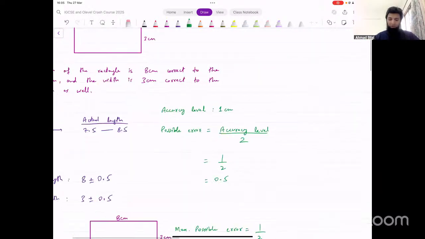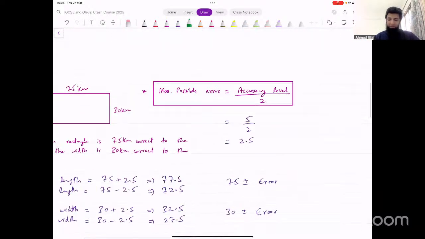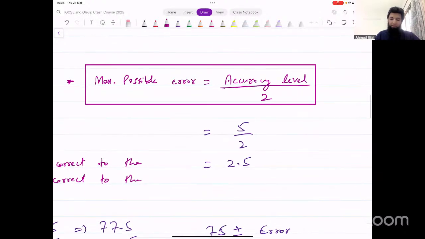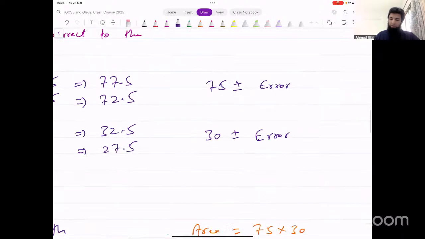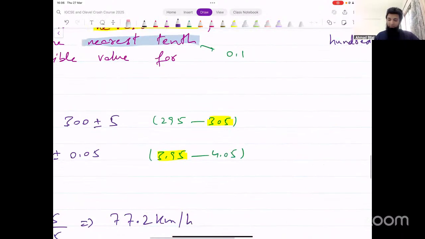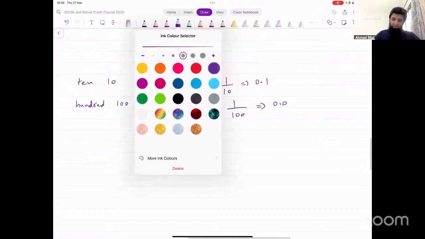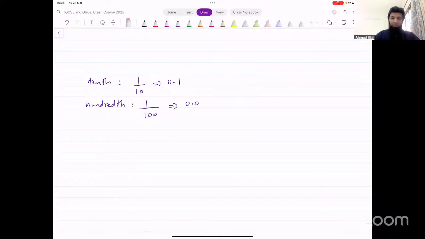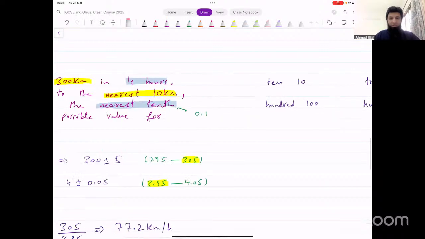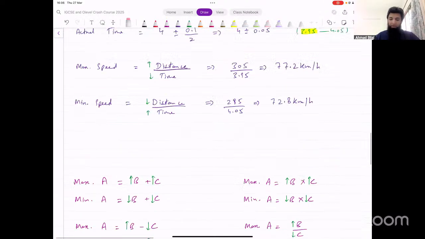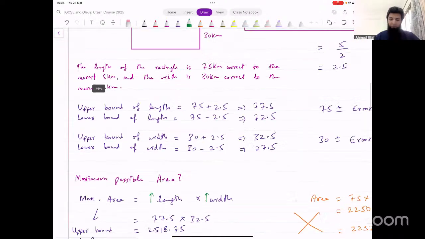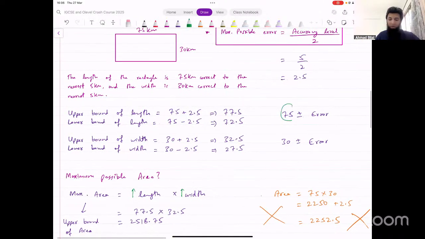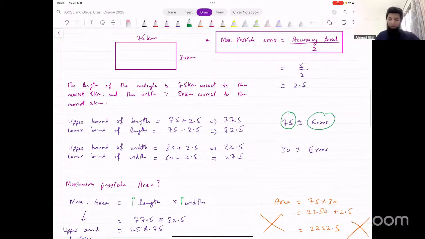Okay, so what do you need to remember about this? Error is calculated like this: accuracy level divided by 2. Keep that in mind. Understand what terminologies like 10th and 100th mean. And if you have to find the lower bound or upper bound of something, you just say the original number plus or minus the error.